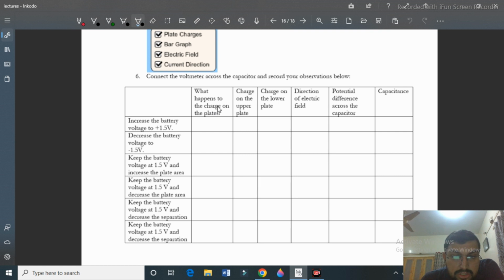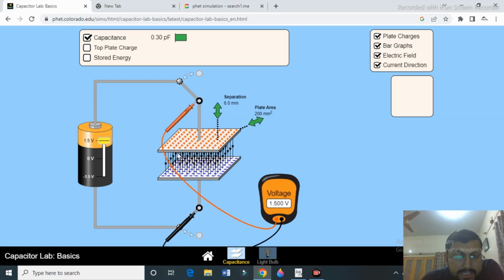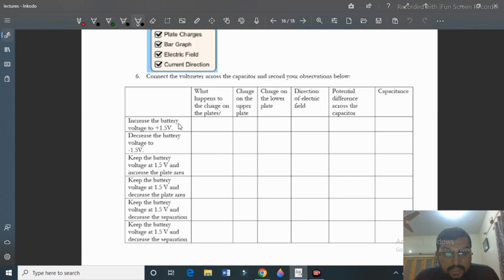Now, what happens to the charge on the plates? You are seeing that the plates are charged. When I have increased the voltage to 1.5 volt, the plates are charged, so I will write that they are charged.